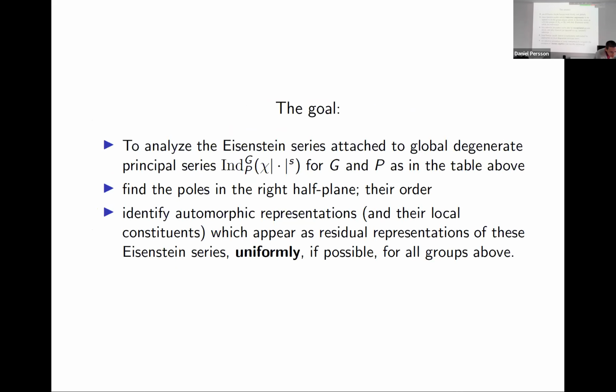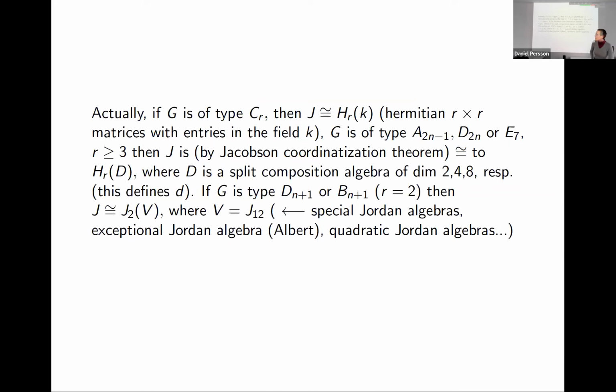There is another way we can look at this R.